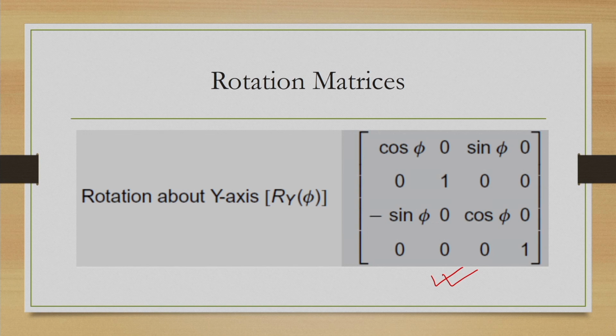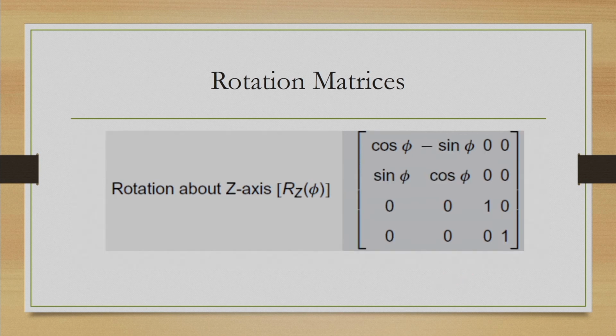And finally, rotation about z axis by an angle phi is shown here in this matrix. So, we have 3 matrices representing 3 basic rotations, one about x axis, one about y axis and one about z axis.